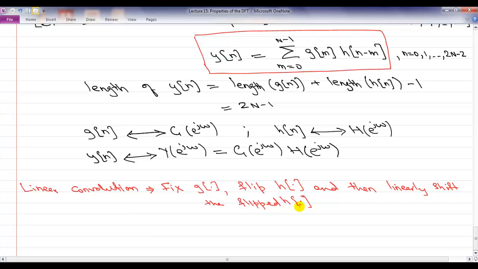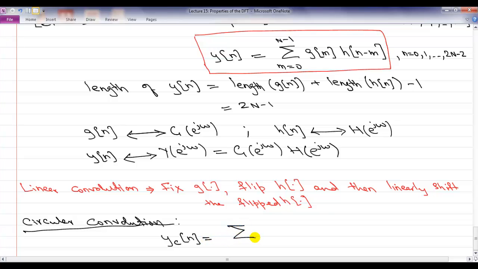Now, the fixing part is fine, but the way we'll define circular convolution is with a slight change in the formula. We'll call it yc of n, just to make it clear that it is circular convolution. The summation will remain the same, m from 0 to n minus 1, with g of m.